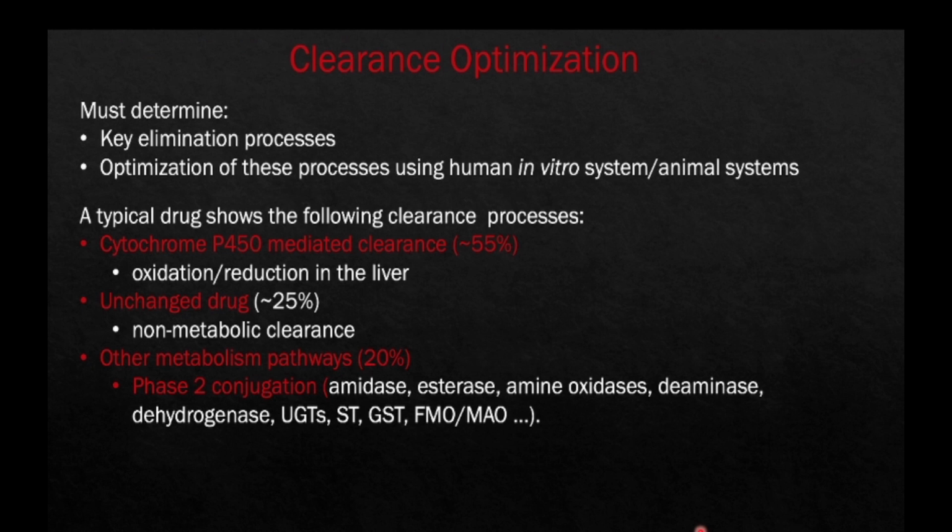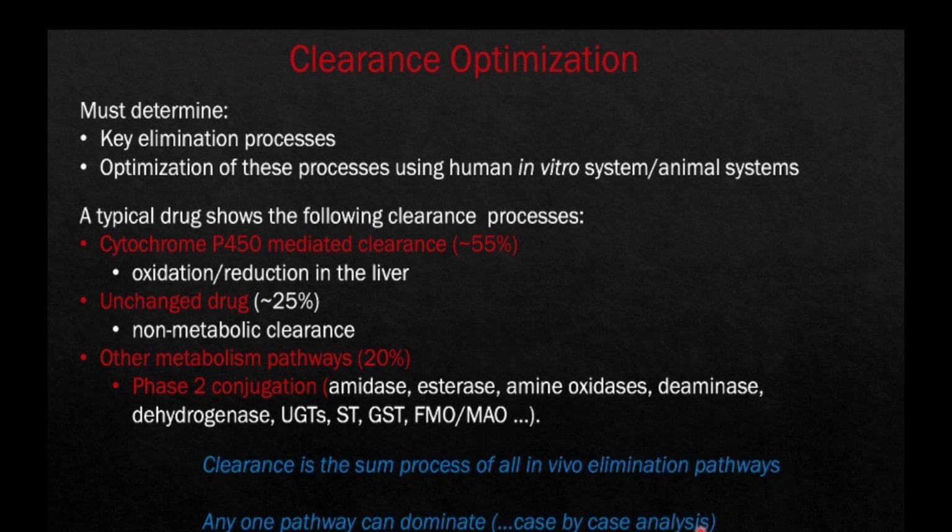Cytochrome P450-mediated clearance is around 55%, through oxidation and reduction in the liver. Unchanged drug is around 25%, which is non-metabolic clearance. And other metabolism pathways are around 20%: phase 2 conjugation, amidase, esterase, amine oxidases, deaminases, dehydrogenases, UGTs, etc.